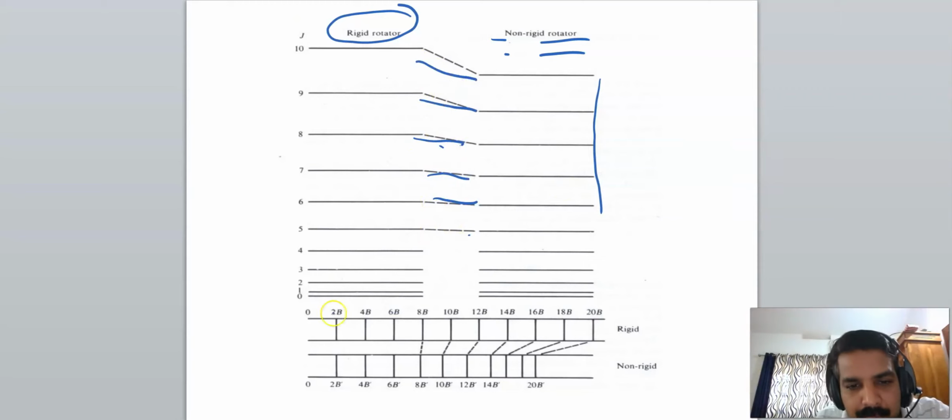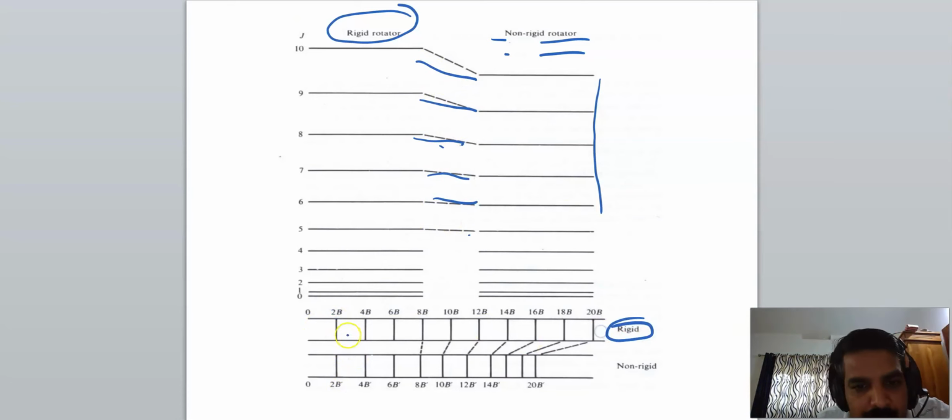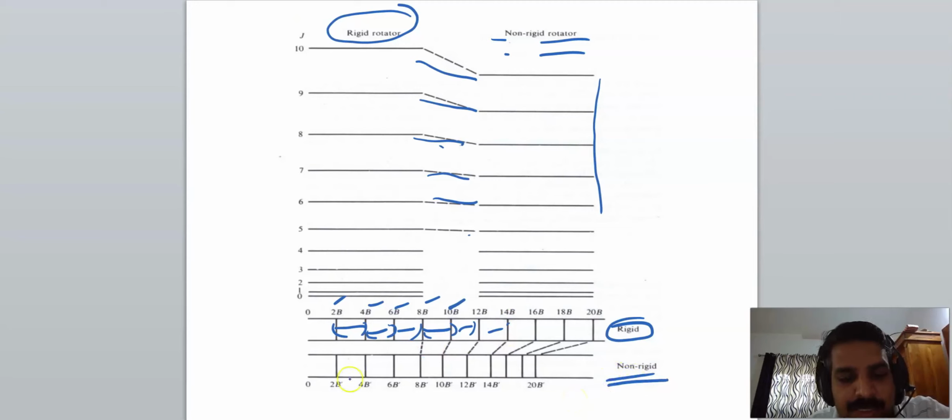And here also, this is a spectrum. In the rigid rotor approximation, we get a constant 2B separation. Lines are obtained at 2B, 4B, 6B, 8B, 10B, like that, with a constant 2B separation. But in the case of the non-rigid rotor, it is 2B, then almost constant, no problem.